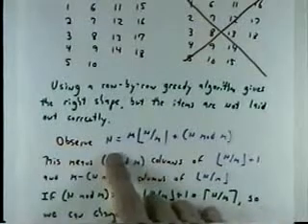Using the remainder idea, this is the remainder, this is the integer quotient, okay? N divided by m: n can always be written as m times floor of n over m plus the remainder.